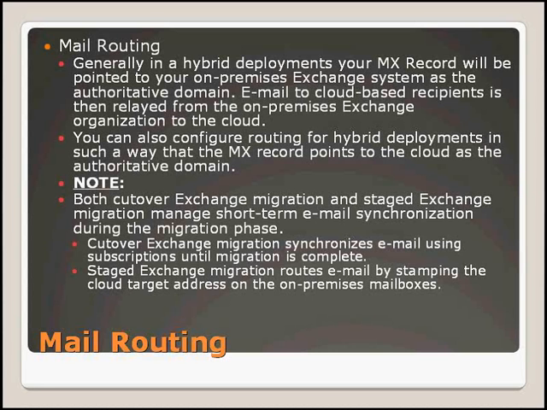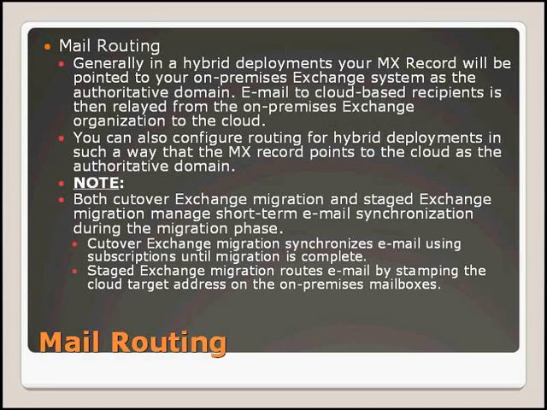And even after the migration, when an email lands on your on-premises, because the Active Directory has the target address stamped on the on-premises mailbox, it will still come to your cloud mailbox. I think that's fairly simple to understand for mail routing. This is something much more critical to understand.